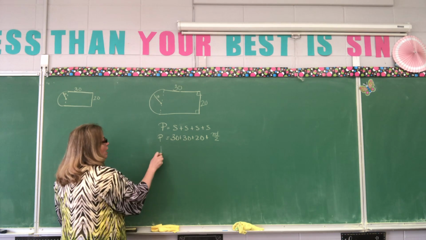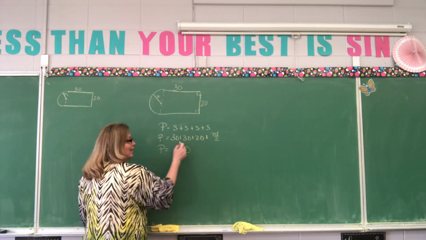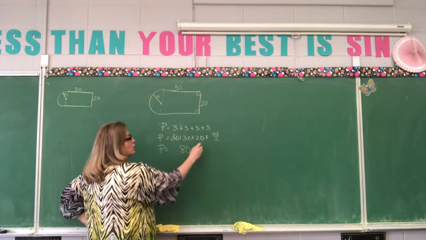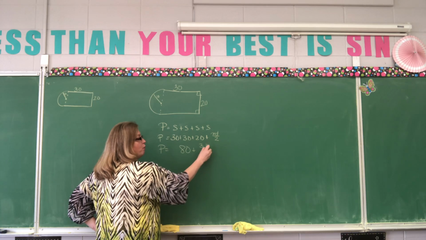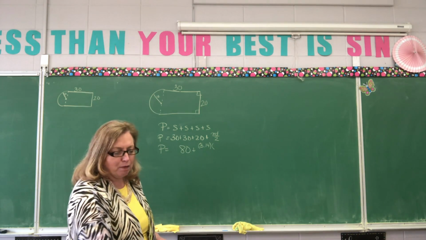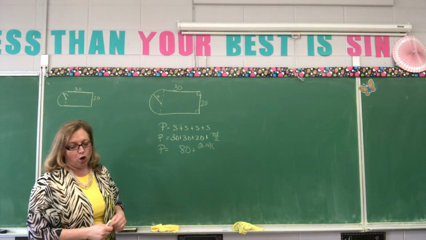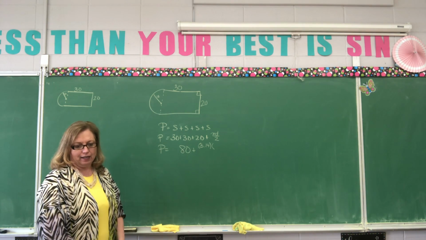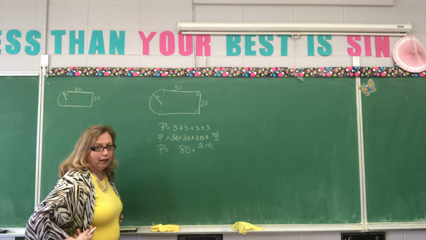Now, let's go ahead and do this. If we have 30 plus 30 plus 20, that equals 80. That's easy enough. Now let's look at this. What if we have pi? Pi is 3.14. The diameter of this is what? If you said 10, you are wrong. It's not 10, but it's what? It's 100. Why?